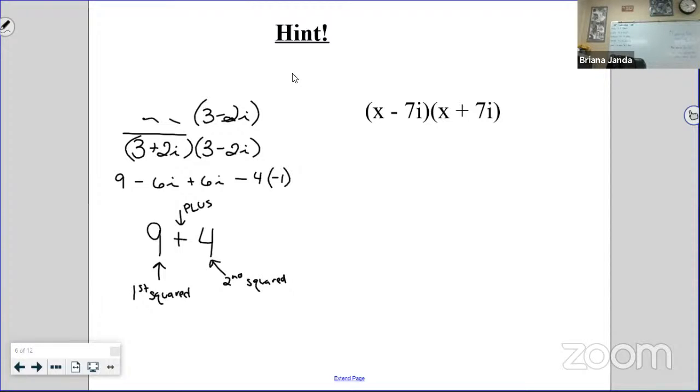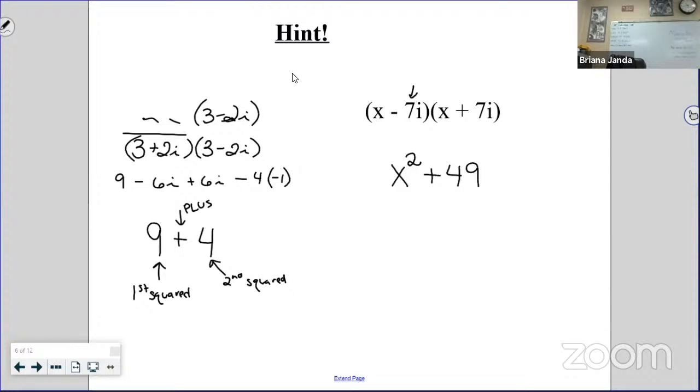So this all multiplied out would give me my first term squared. Well, my first term is x, squared is x squared. Plus my second term squared, we're again talking about just the 7, just what's in front of the x, and 7 squared is 49. So there's your first term squared plus your second term squared. If you understand that shortcut, it's just going to save you some time.